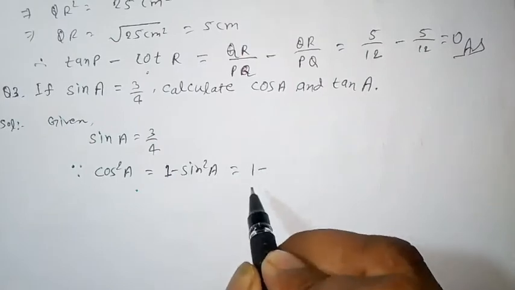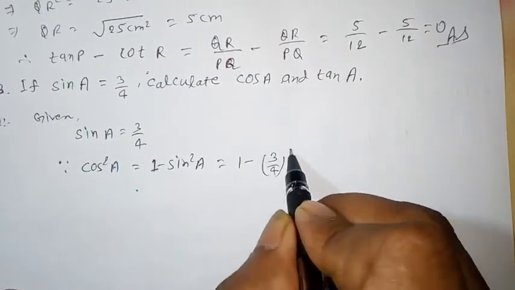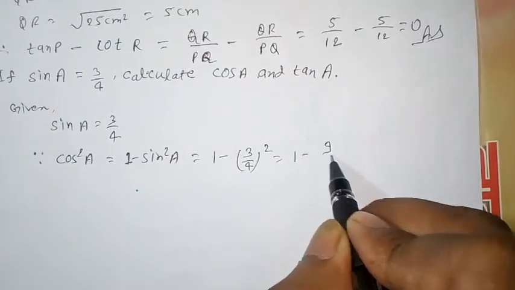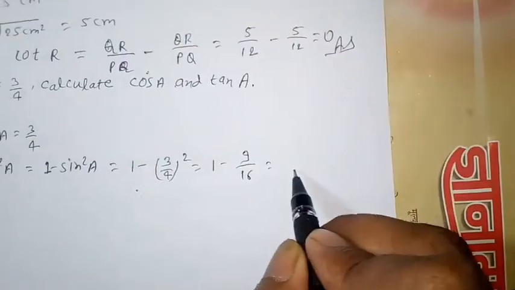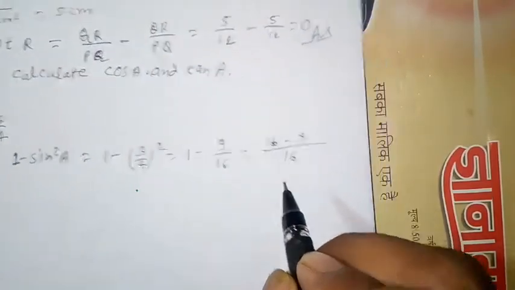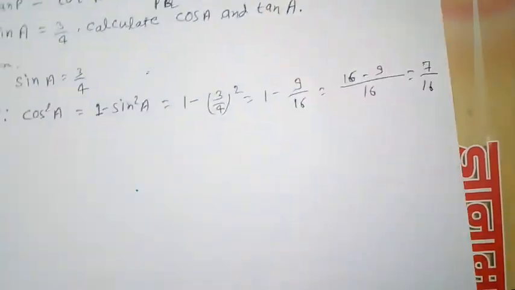cos squared A is equal to 1 minus sin squared A, which is 1 minus (3/4) squared, equal to 1 minus 9/16. The LCM is 16, so 16 minus 9 is 7 by 16.